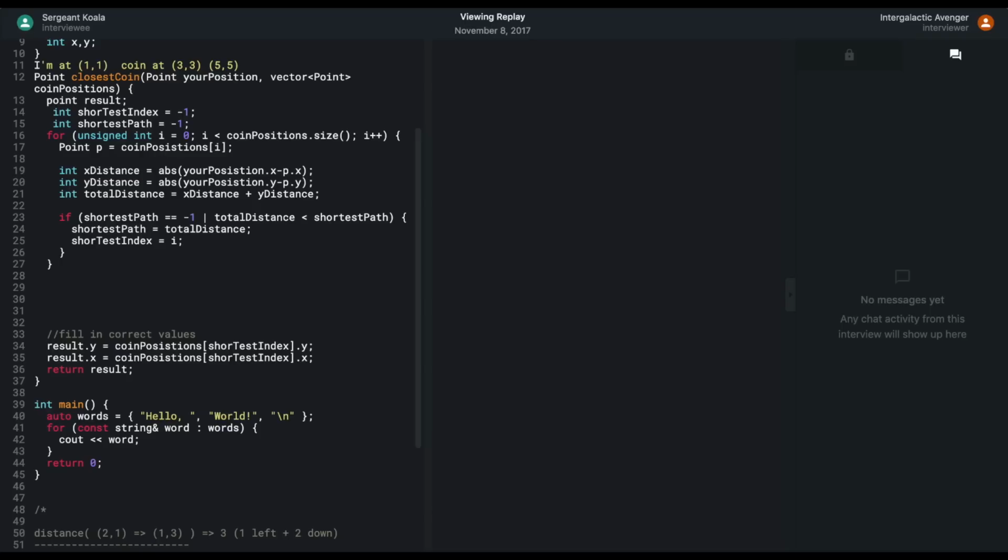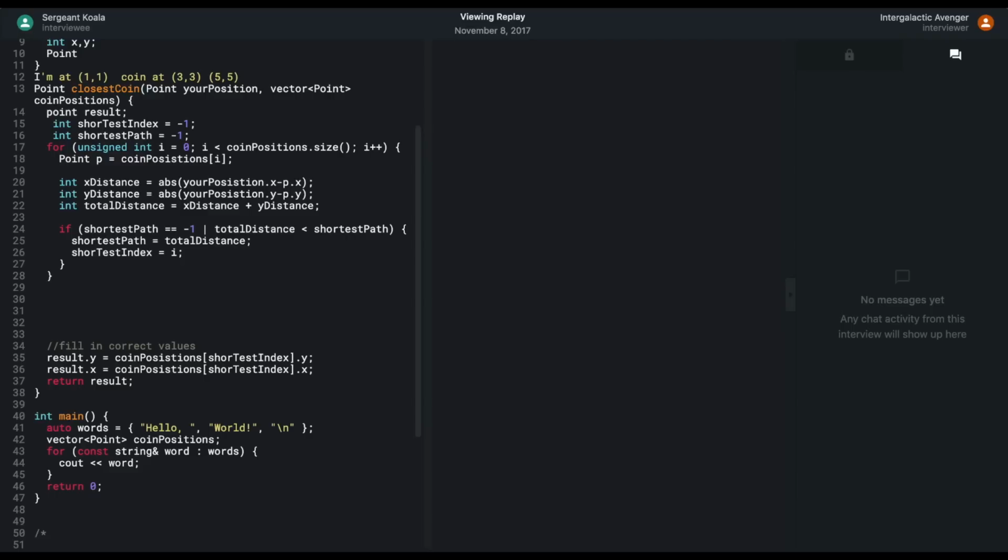Y distance would be 1 minus 3 again, I'd get an absolute value of 2. So the total distance would be 4. And then I'd see shortest path is -1, so that would get set. And then I'd go through, and the 5, 5 would yield a value of 8, which would be greater than the total distance. And so that wouldn't change it, and it should go down here, and then it should do that. Yep. So that should work.